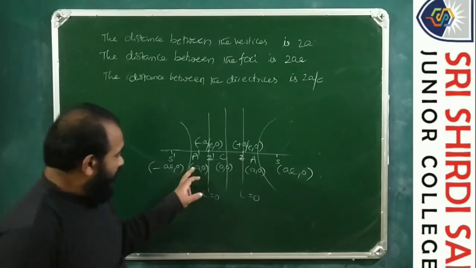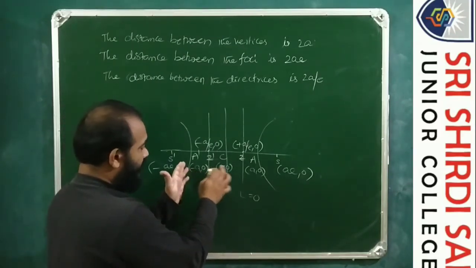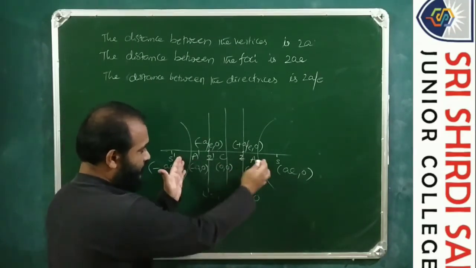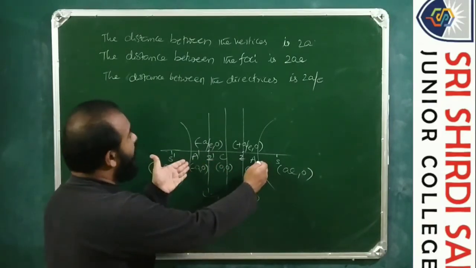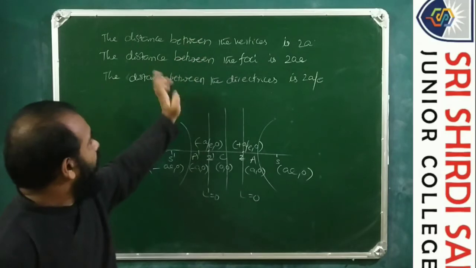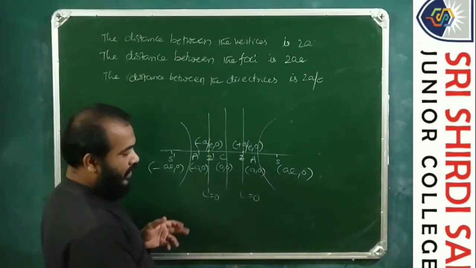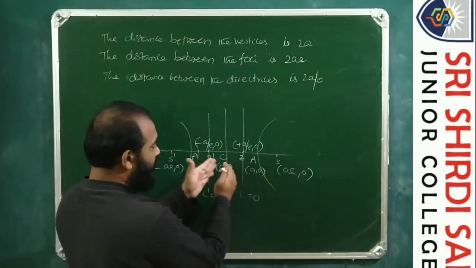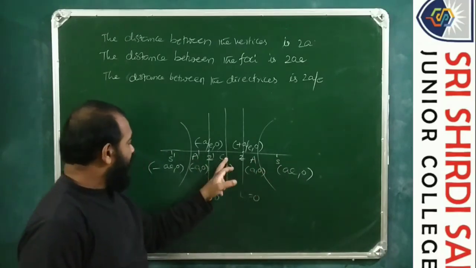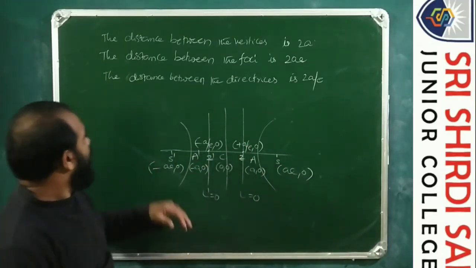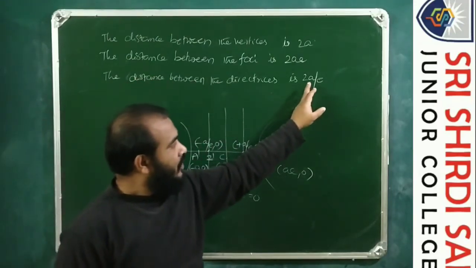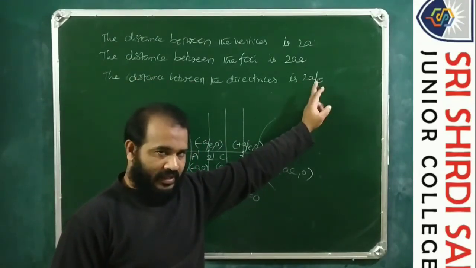Then the distance between A dash and A is a plus a, so this is 2a. And the distance between the foci, SS dash: CS is ae and CS dash is ae again, so 2ae. And the distance between the directrices is 2a by e.